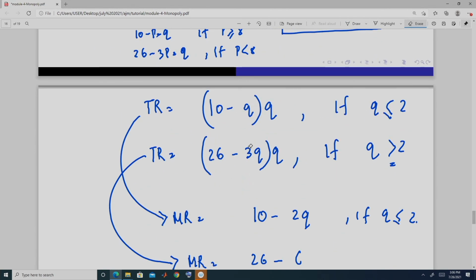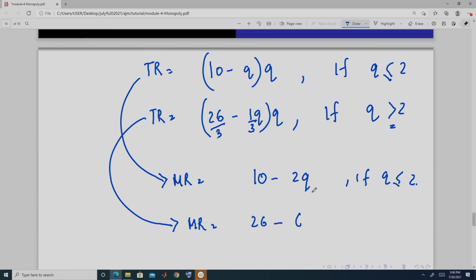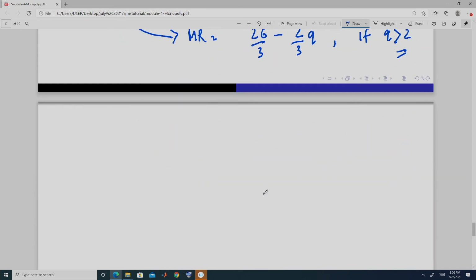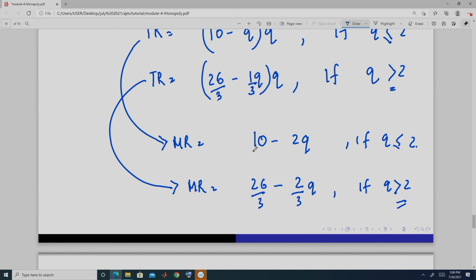Now, if you plug in 2 here, this is equal to 5.